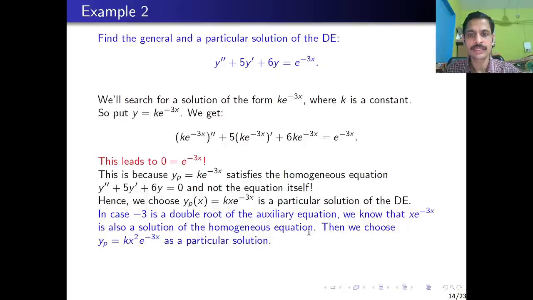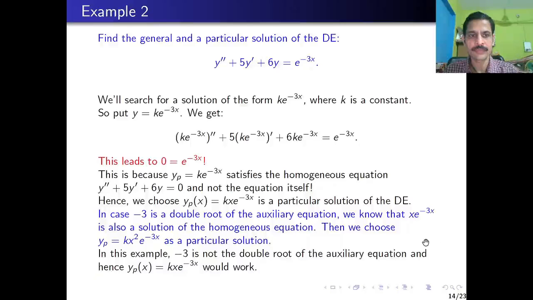So in that case, we had to choose yp is equal to k x square e raised to minus 3x as a particular solution. In this example, minus 3 is not a double root of the auxiliary equation, and hence yp(x) is equal to kx e raised to minus 3x would work.